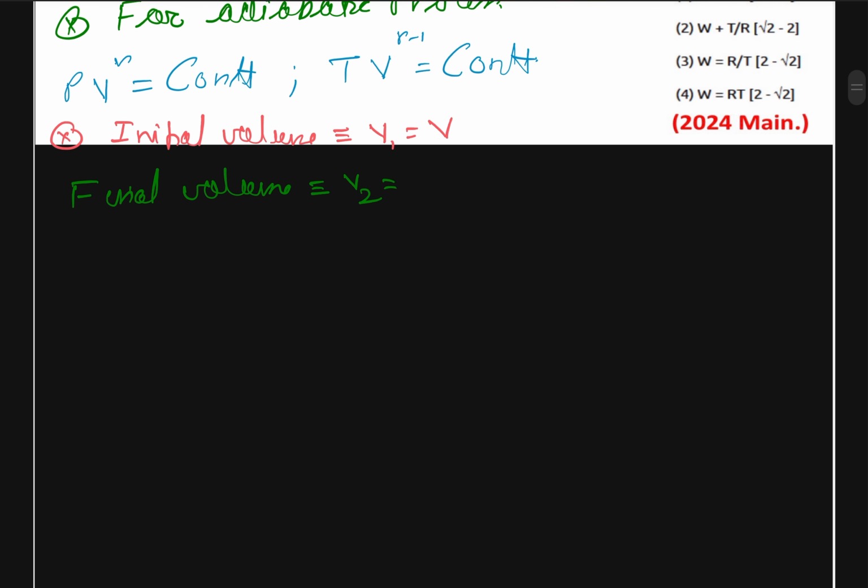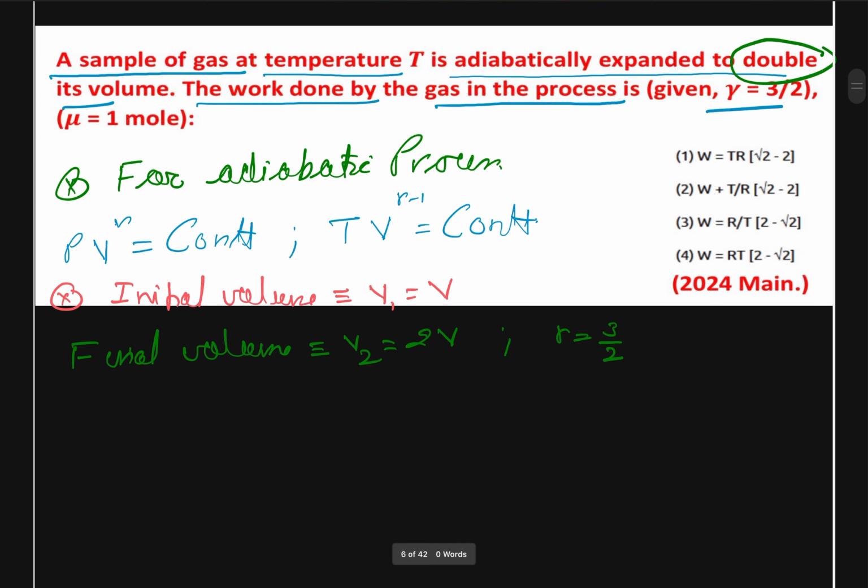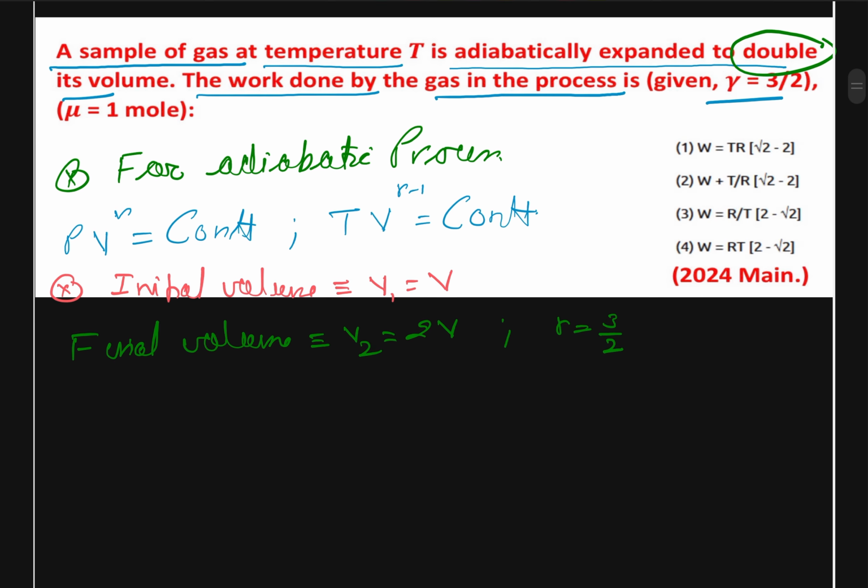So this comes as our 2 times V, and gamma is given to us as 3/2, and the number of moles is our 1.